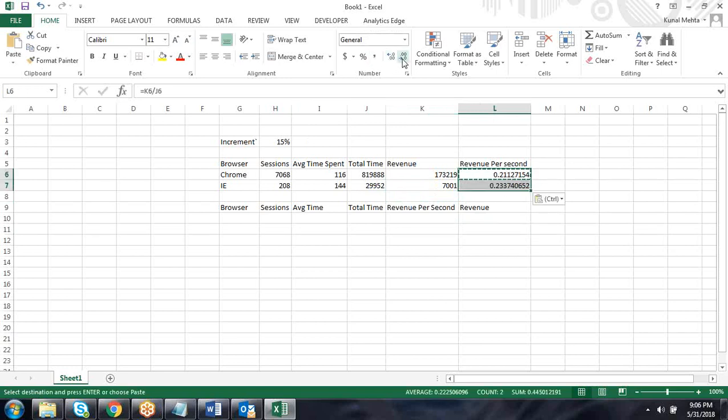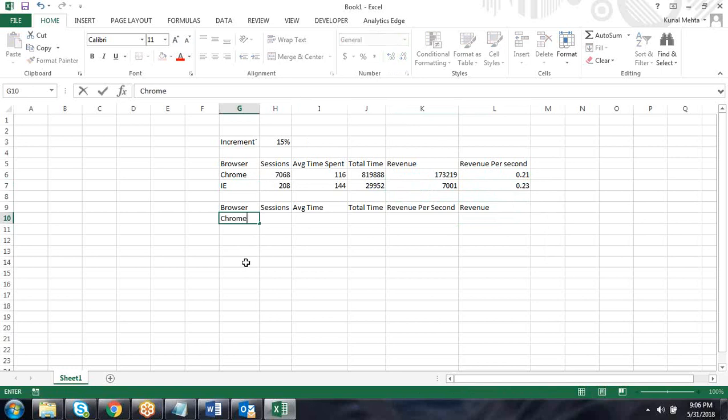So as you can see, my IE is actually giving me higher revenue per second than Chrome. But if I put my update on, how many sessions would I get from IE? Zero, right?